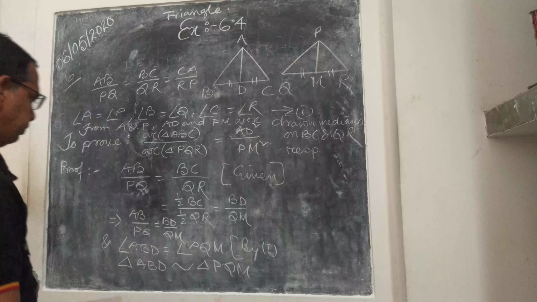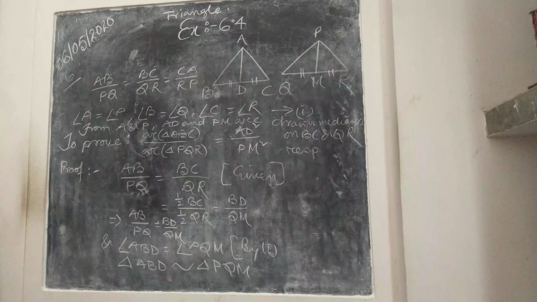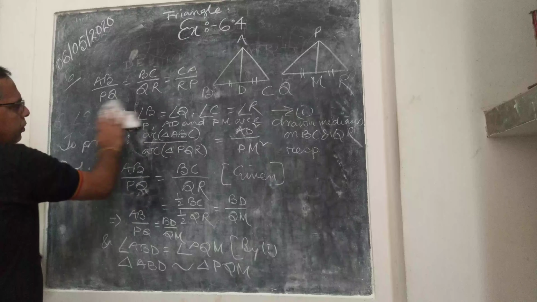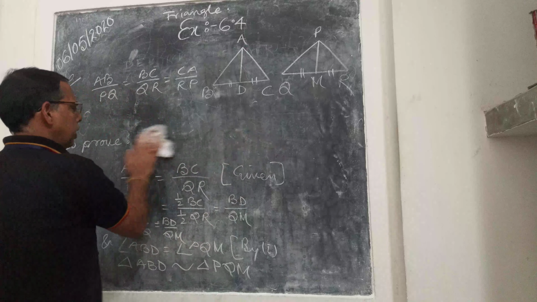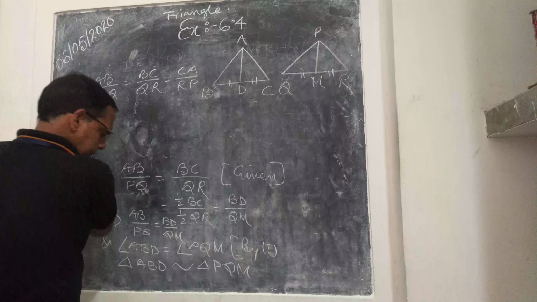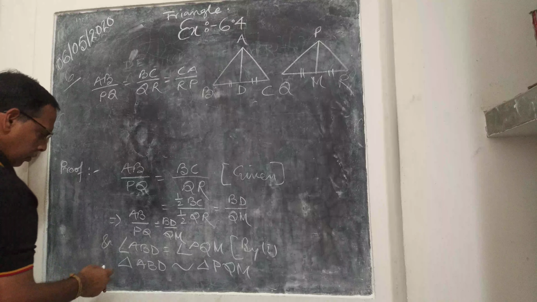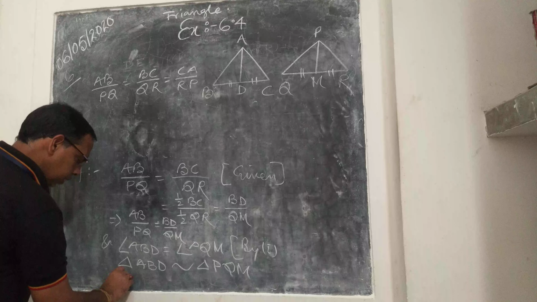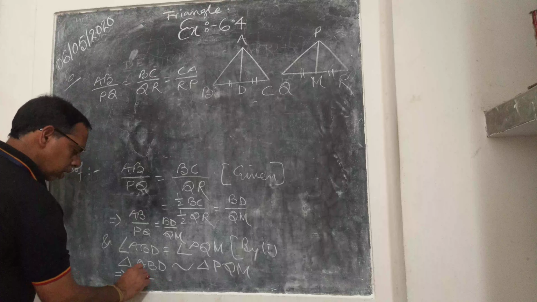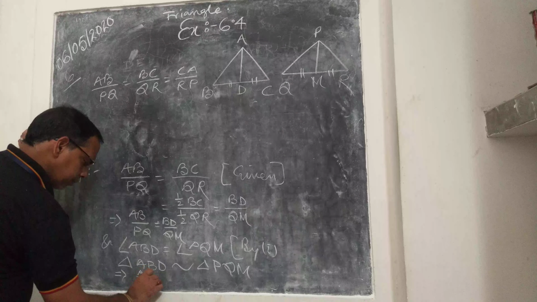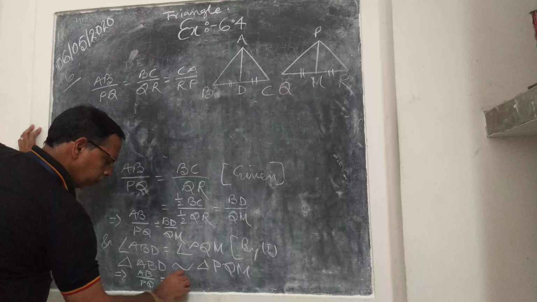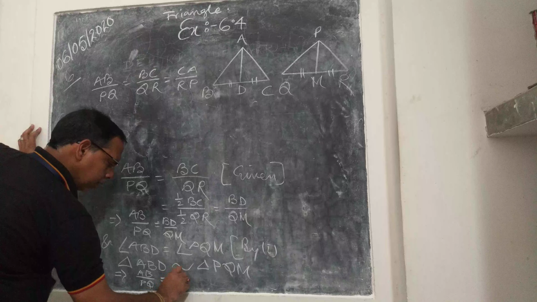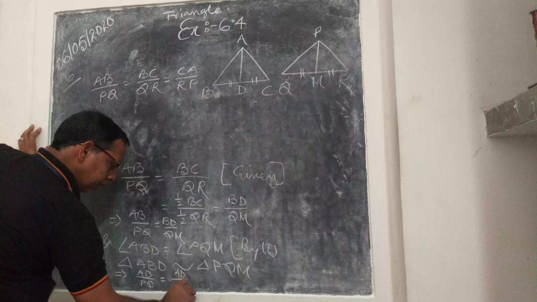Clear? Now I have to rub this part, because the angle you have already used, so it is not needed again. Then you see, AB by PQ equal to AD by PM.